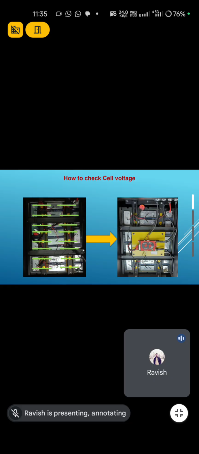If your BMS is showing an incorrect cell voltage, then you have to check the cell voltage on the battery cell. How to check the battery cell voltage with a multimeter: open the battery pack, and from the negative side, this one is your first cell, this one is your second cell, this is the third cell, this is the fourth cell.